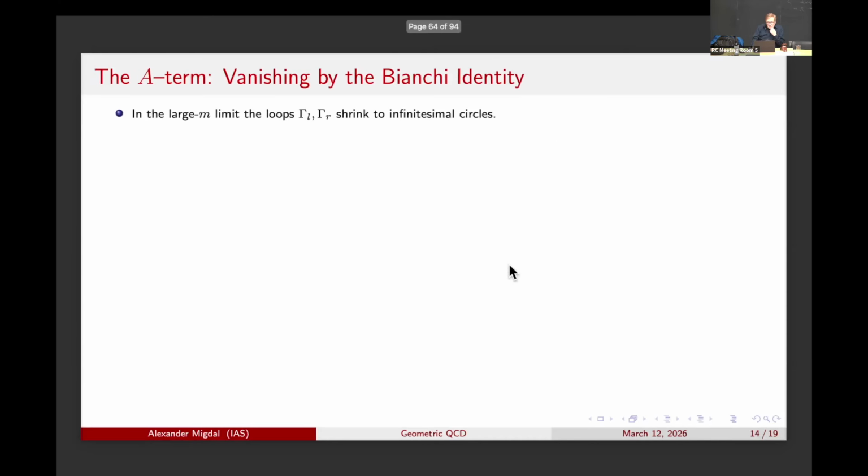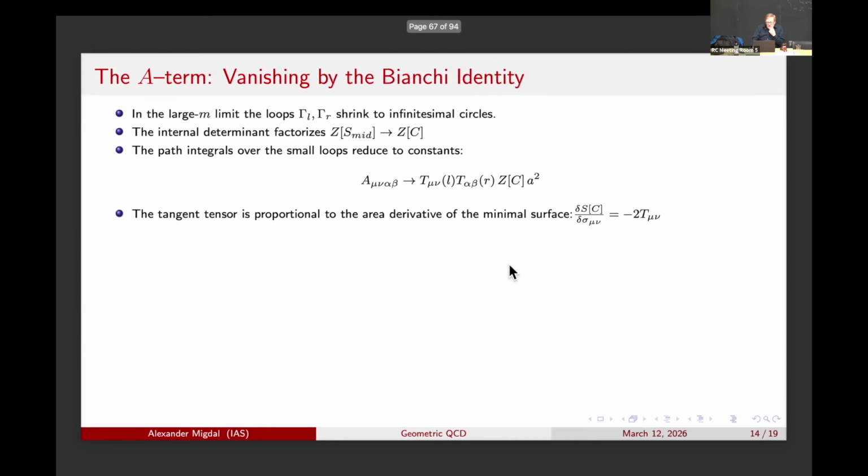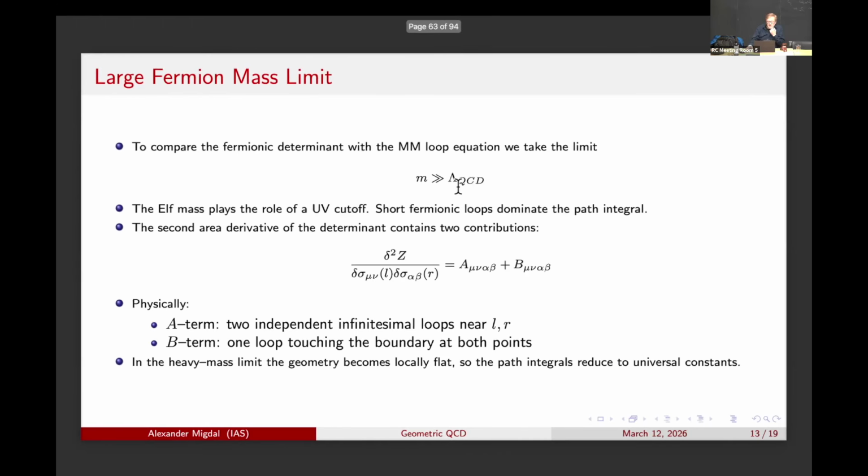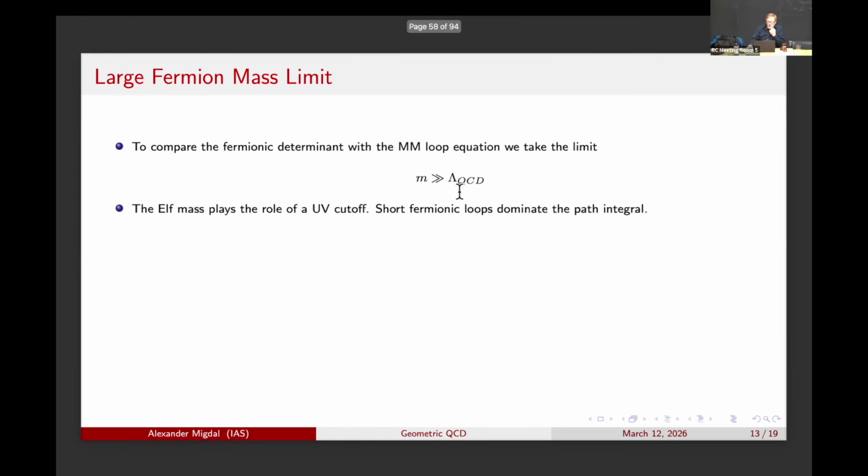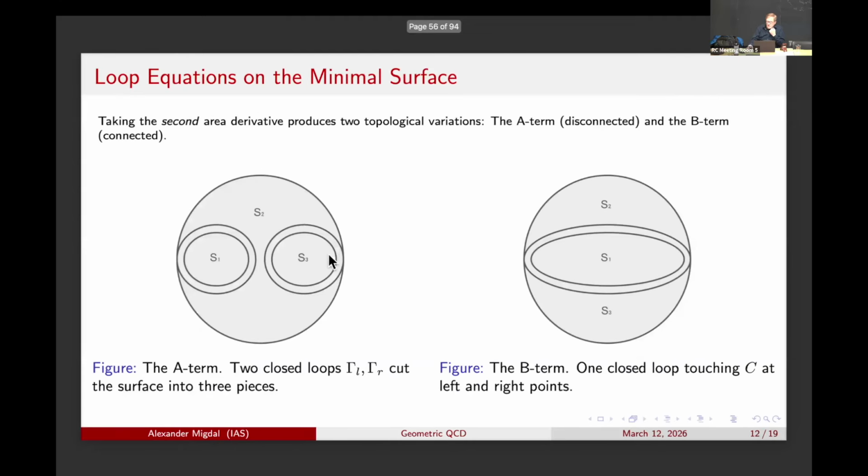So let us first consider this A term and see how that cancels. When you consider this A term with two little windows and two area derivatives, what I claim happening is very simple. If you look at that graph here, there are three factors.